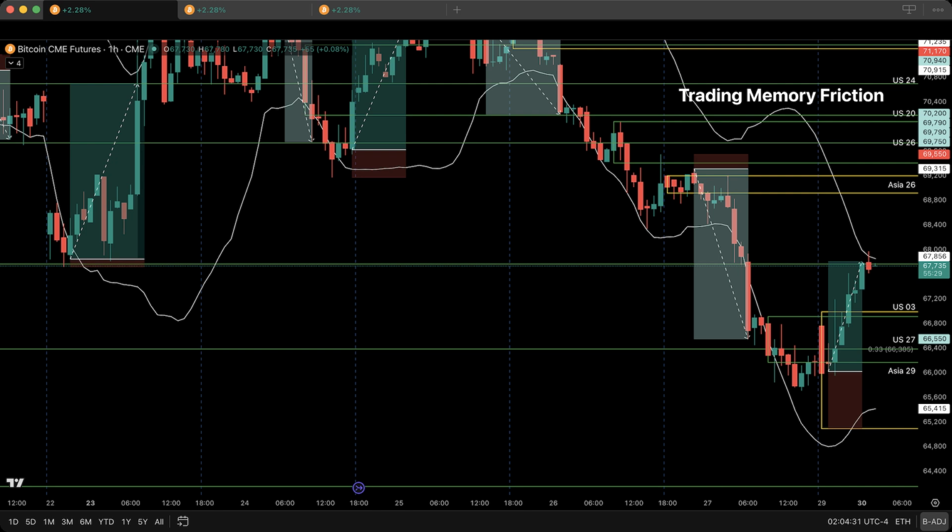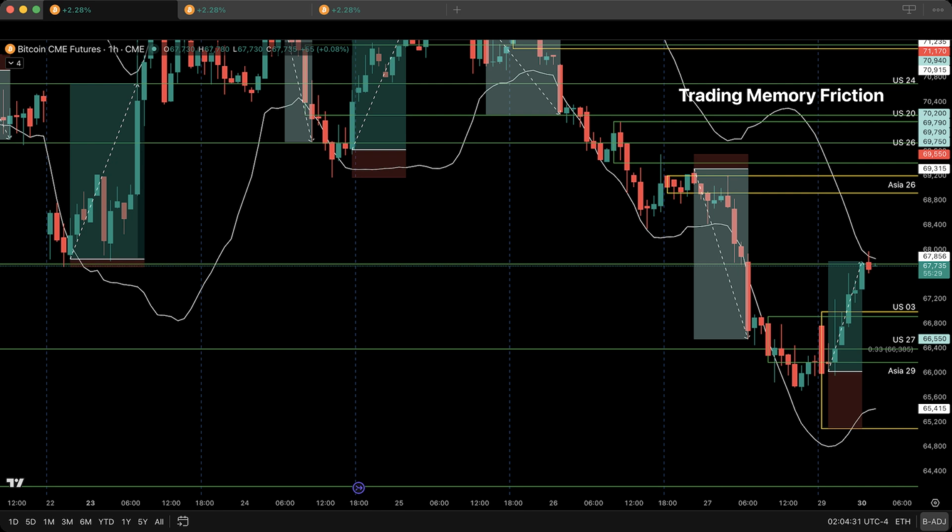Time shifts clearly here. Before this, price was moving downward, from structure to structure. Now, price stops moving lower and begins to move back upward into previous structure. That is a change in behavior. And behavior always comes before direction. Volatility expands again.